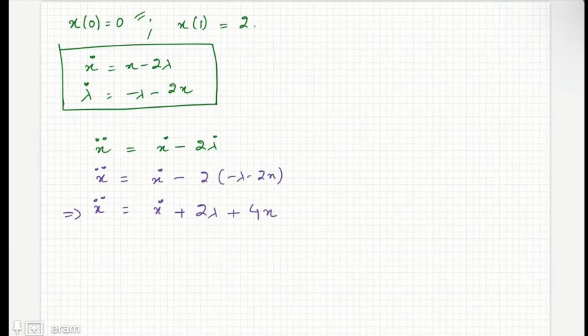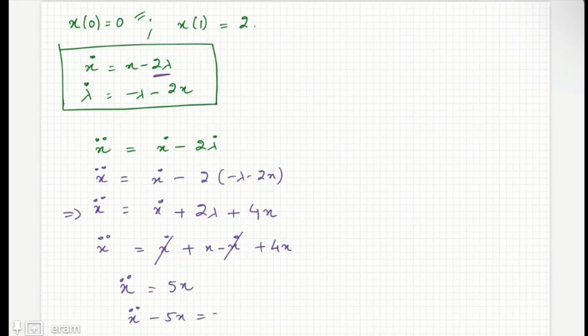Now 2 lambda is nothing but x minus x dot, so it is x dot plus x minus x dot plus 4x. The x dot terms cancel out, giving 5x. That is x double dot minus 5x equals 0.